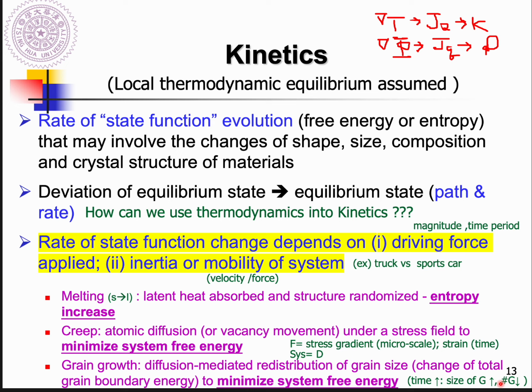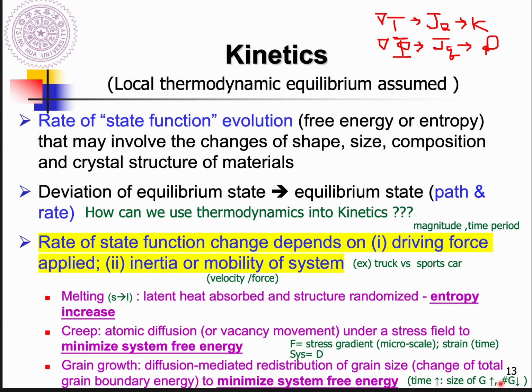The energy of the grain boundary usually is higher than that in the grain. So when we have materials with a higher volume ratio of grain boundary, that means the total energy is higher. So the system tends to decrease its total free energy, right? So the volume or the ratio of the grain boundary should decrease over time. So the result turns out to be what? The grains will get larger and larger.